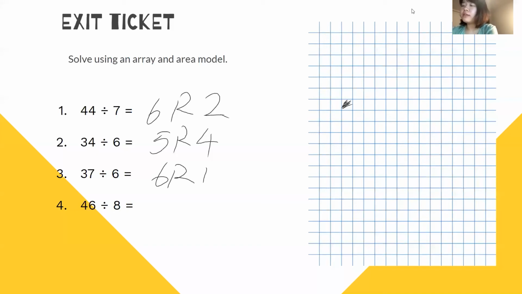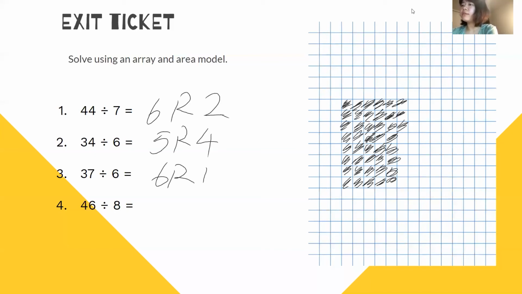So we have 1, 2, 3, 4, 5, 6, 7, 8, 9, 10, 11, 12, 13, 14, 15, 16, 17, 18, 19, 20, 21, 22, 23, 24, 25, 26, 27, 28, 29, 30, 31, 32, 33, 34, 35, 36, 37, 38, 39, 40, 41, 42, 43, 44, 45, 46.